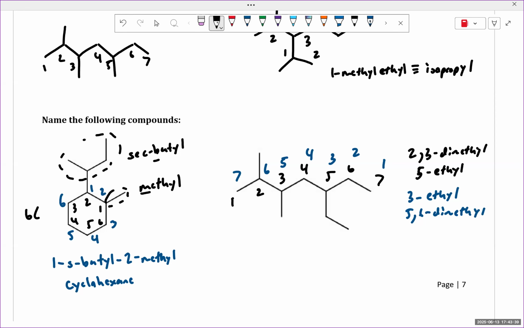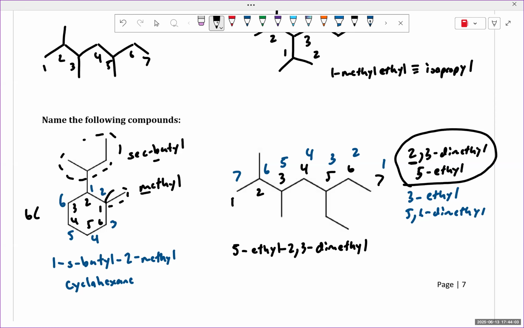In this case, locant number 2 is the smallest possible starting locant number. So we're going to start and use the numbering method and locant numbers in black. So this will be named as 5-ethyl, 2,3-dimethyl. And because this is a 7-carbon chain, it would be heptane.